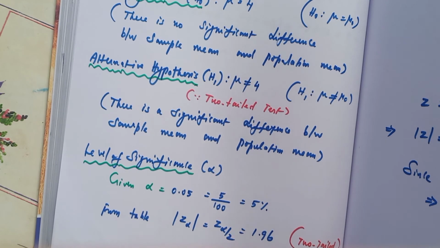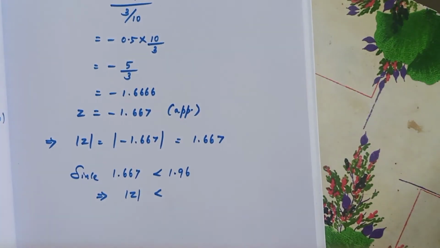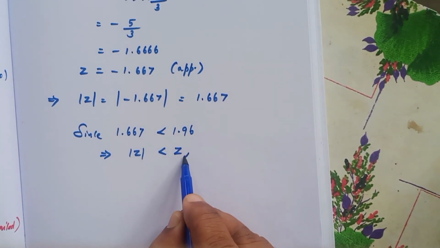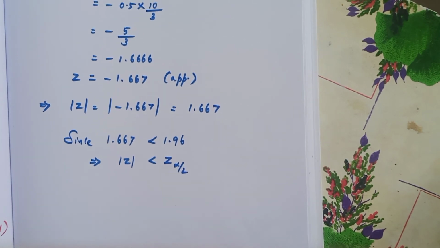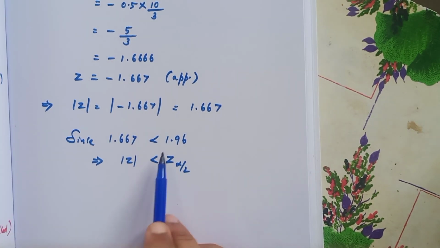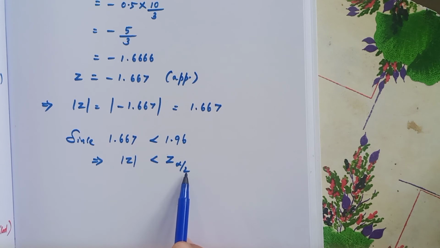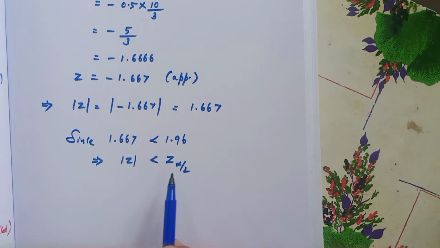I write Z alpha by 2 because it's a two-tailed test. For a two-tailed test only we use Z alpha by 2 or modulus of Z alpha. Otherwise, whether it is a left-tailed or right-tailed test, you use only Z alpha.